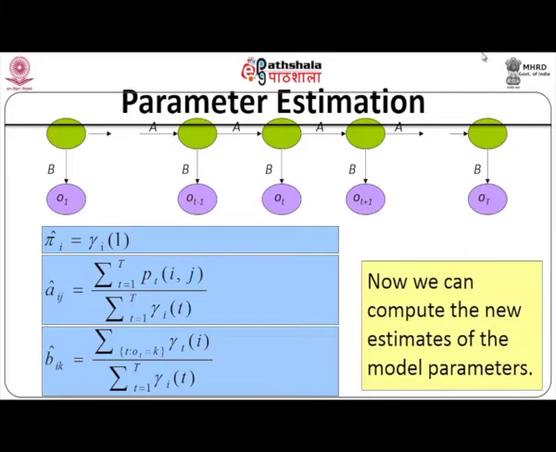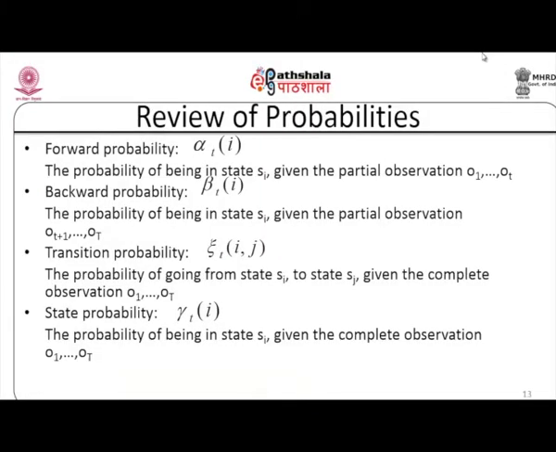Just to review the probabilities once more: the state probability is being in that state given the observation, and the transition probability is going from state i to state j given the observation.